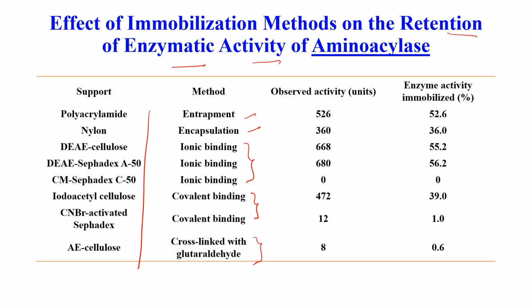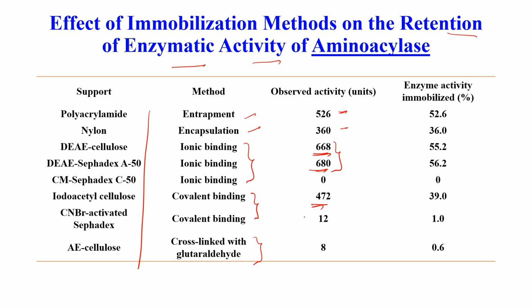You see the enzyme activity in the case of entrapment was 526, and in the case of entrapment in nylon it was 360. You can see it is maximum for ionic binding using Sephadex, and a similar value is also there for cellulose.